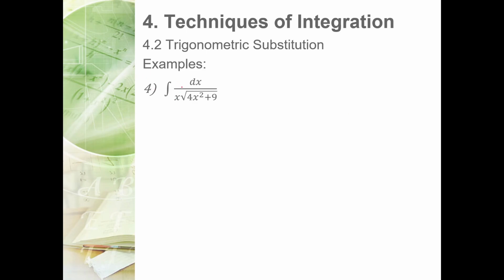Okay, so this time we have the integral of 1 over x times the square root of 4x squared plus 9 with respect to x. Again, looking at the formula, you cannot achieve this one using the inverse trigonometric functions, especially since your a squared plus u squared is enclosed in a radical symbol.